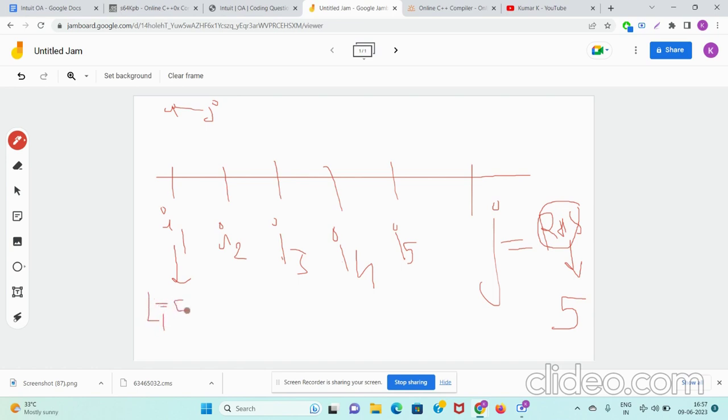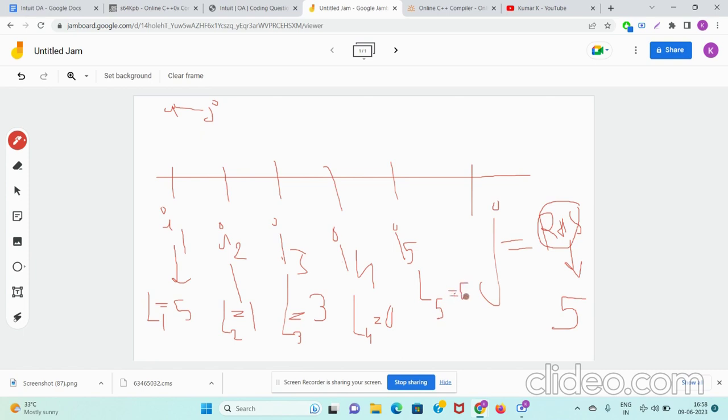L1 is say 5 here, L2 is say 1, L3 is say 3, L4 is 0, and L5 is 5.